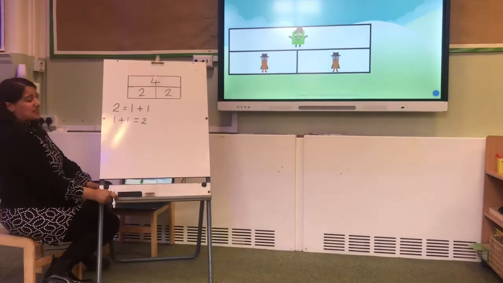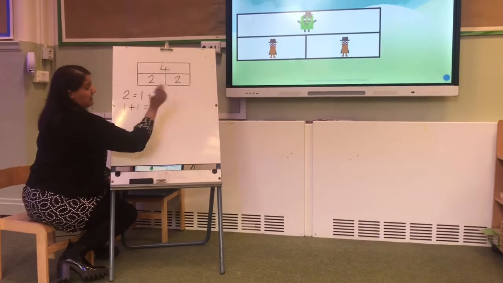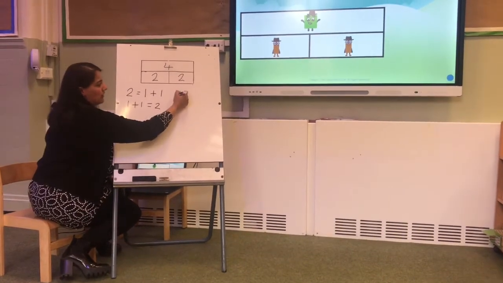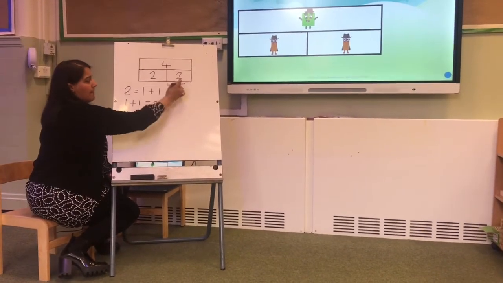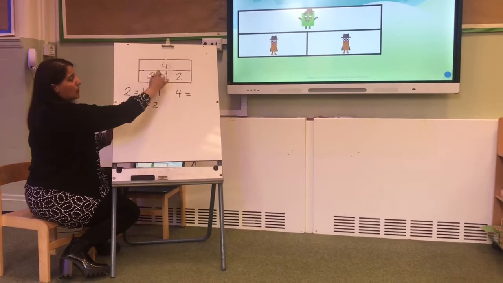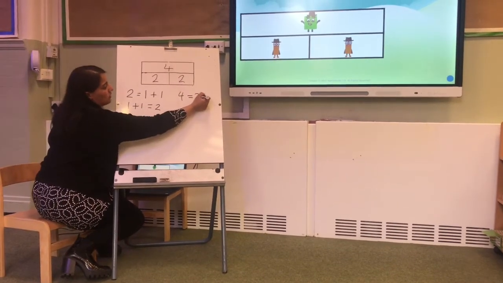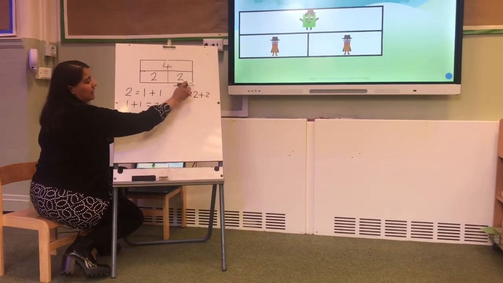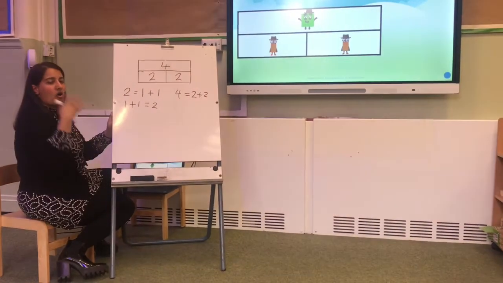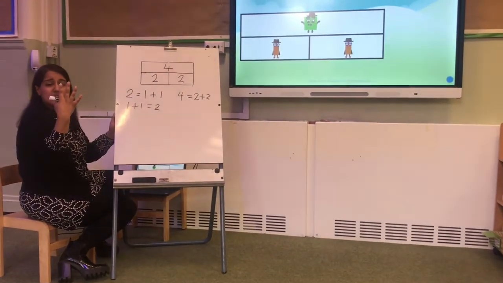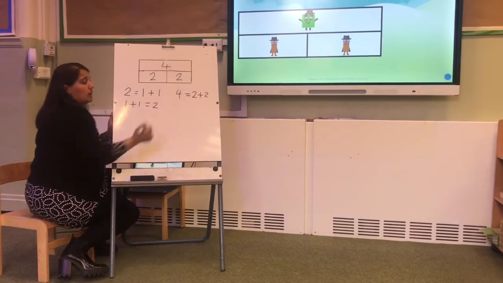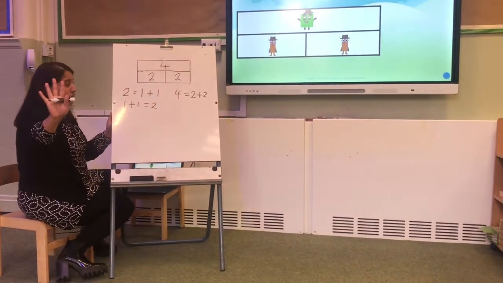And we can write this in 2 different ways. Let's have a look. 4, if you double 2, so 2 add 2 equals 4. Or 4 split into 2 groups of 2 gives you 4.